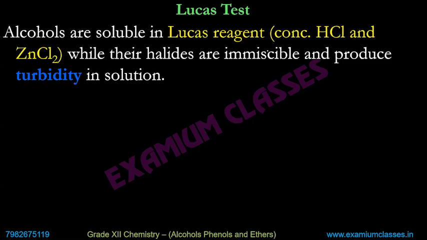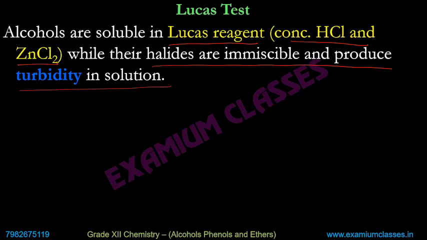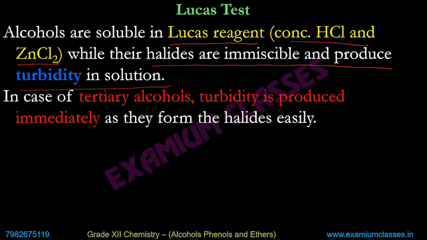Very important test. So alcohols are soluble in Lucas reagent, that is concentrated HCl and zinc chloride, while their halides are immiscible and produce turbidity in solution. In case of tertiary alcohols, turbidity is produced immediately as they form the halides very easily.